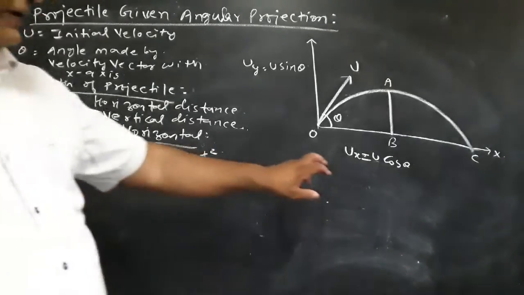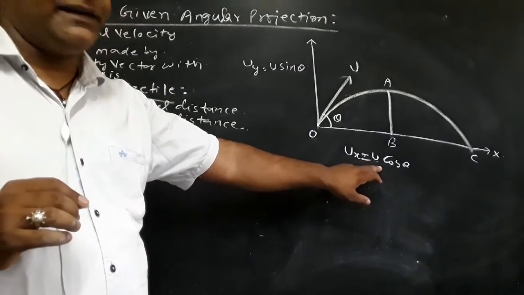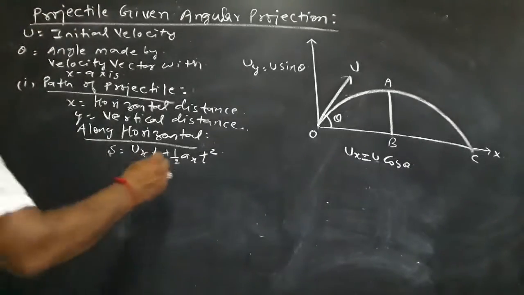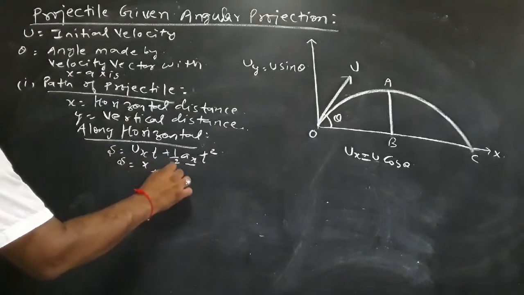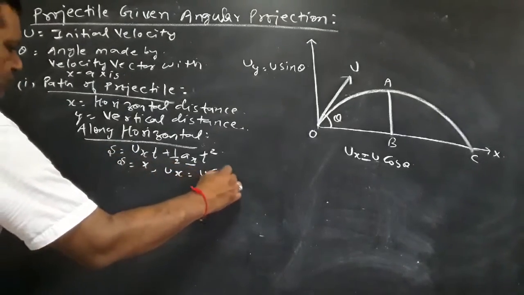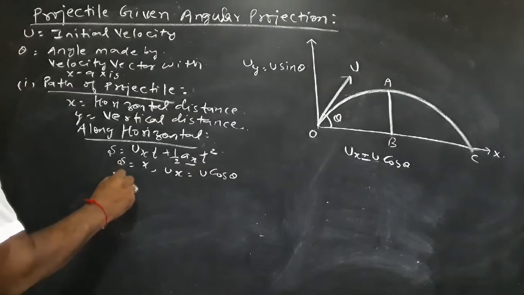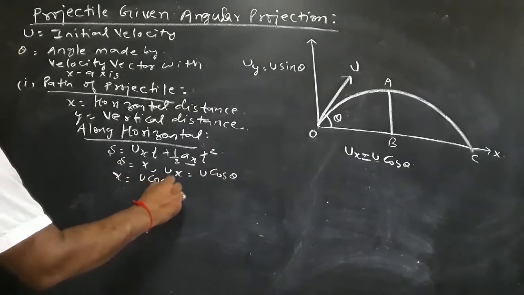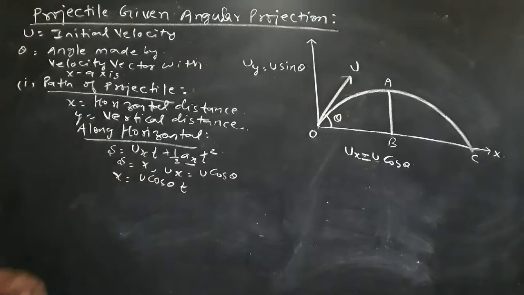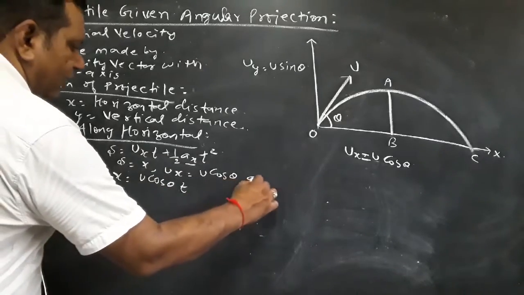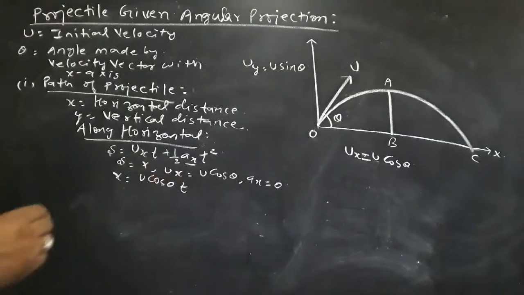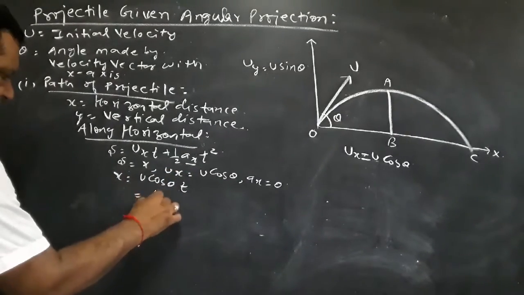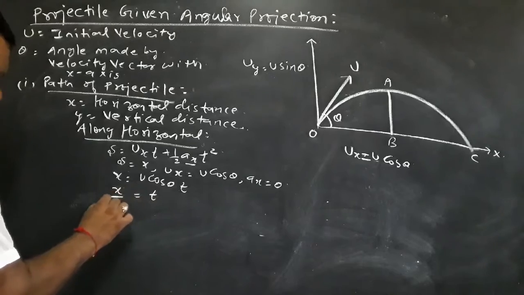Along the horizontal, velocity remains constant, so acceleration will be 0. Now acceleration is 0, horizontal distance is x, horizontal velocity is u cos theta. So we can write here x is equal to u cos theta into t. Acceleration along horizontal is 0, this term will be 0. Now we can calculate the value of t. This is x by u cos theta.